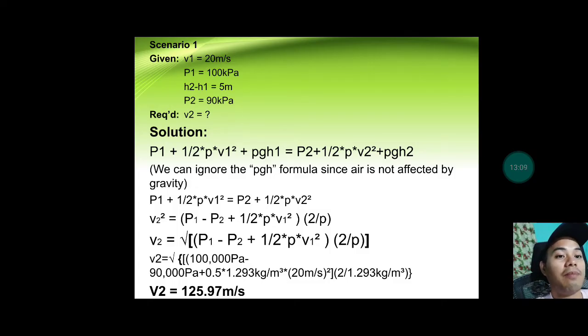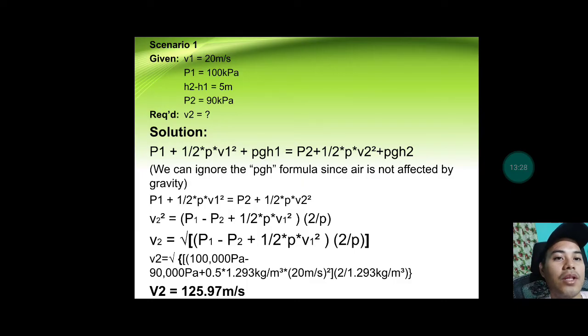We can ignore the ρgh terms since air is not affected by gravity. So we remove density times gravity times height 1 and density times gravity times height 2. So we have the formula P1 plus 1/2 times density times velocity squared.